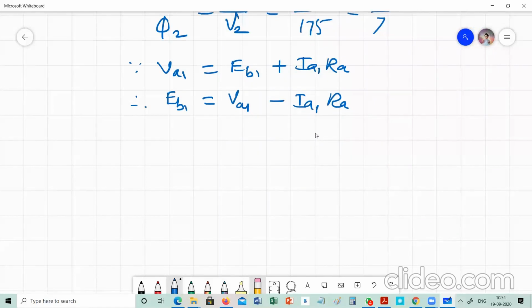EB1 is equal to VA1, which is 200, minus IA1, they have given 10.5, into RA, which is 0.5.